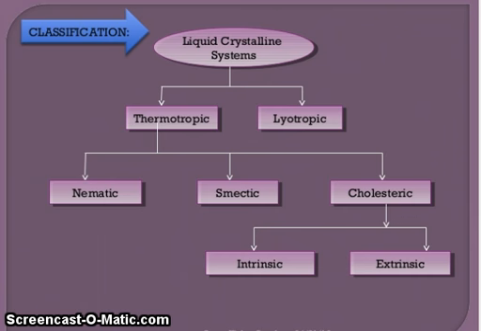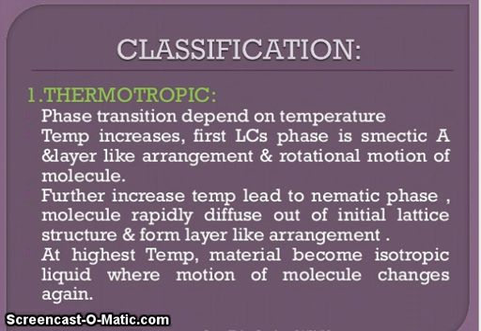Now friends, classifications. Liquid crystalline systems are thermotropic, lyotropic, nematic, smectic, and cholesteric, and then cholesteric is further divided into intrinsic and extrinsic. Now, what is the meaning of thermotropic? The phase transition depends on temperature.